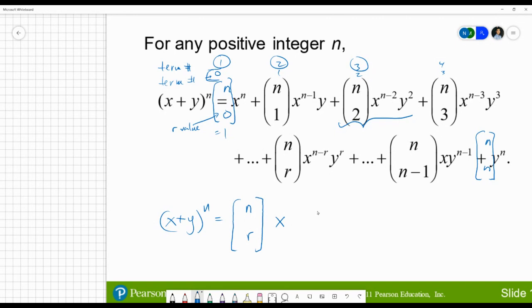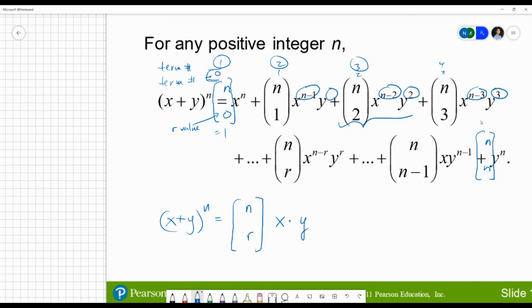So now what I want to do is write this so that you can just plug in the n value and the r value into here, no matter what n and r value is. So here we have x plus y. So here we have x times y. Now look at the relationship between the exponent of these x and y here and see if you can come up with a pattern.